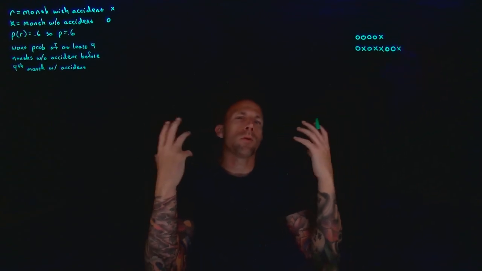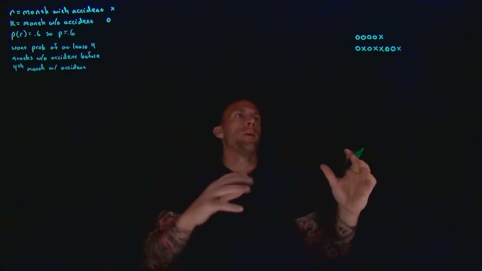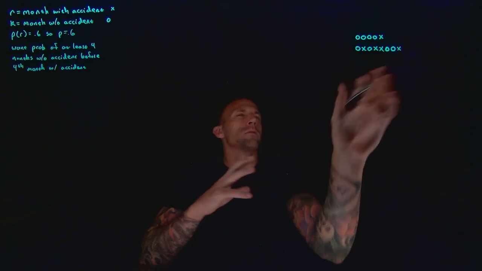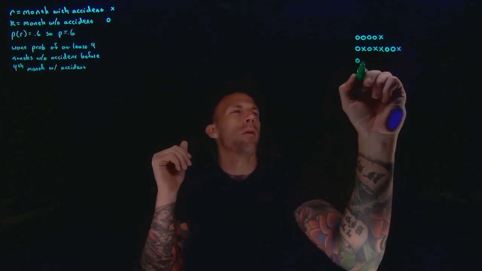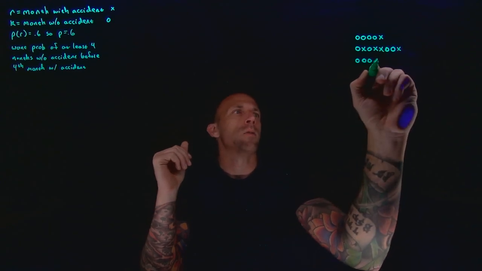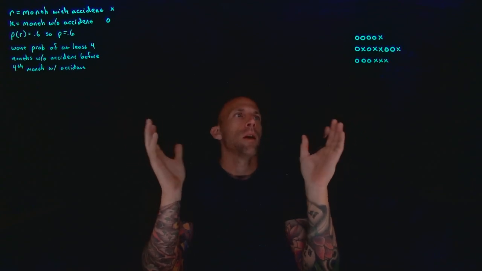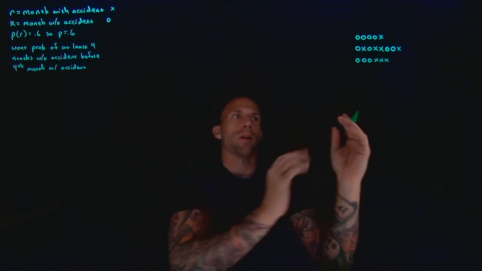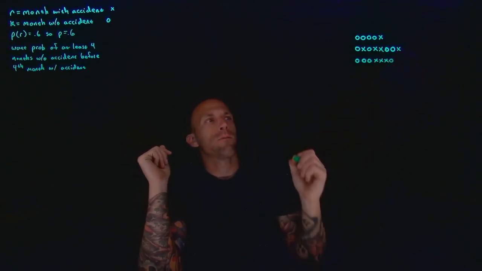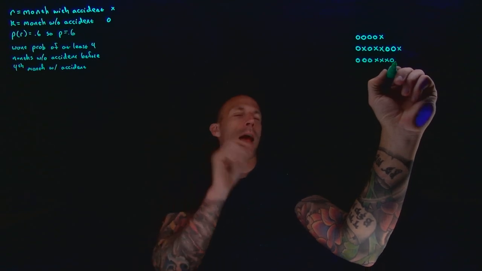So when we do probability problems, a lot of times the challenge is, what are we actually counting up? And I think in the case of the negative binomial, it's a little bit harder to see. So that's what this is for here. It could be we have 3 months without an accident, and then 3 months right in a row with an accident. And in order to be included in the set of things that we're counting, we have to have our fourth month without an accident first before we can then have our fourth accident month.